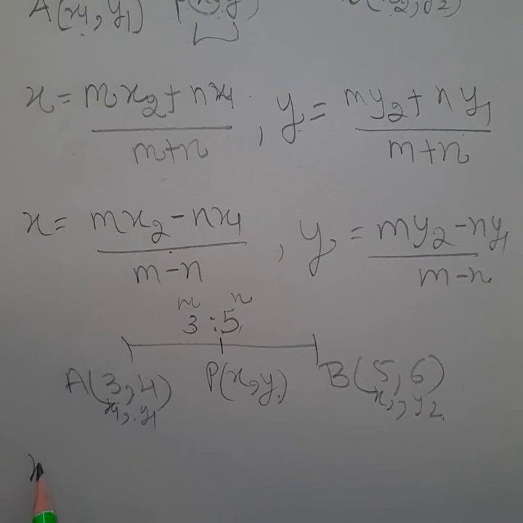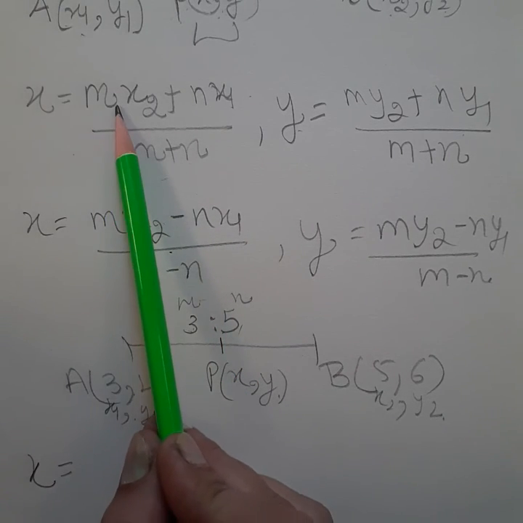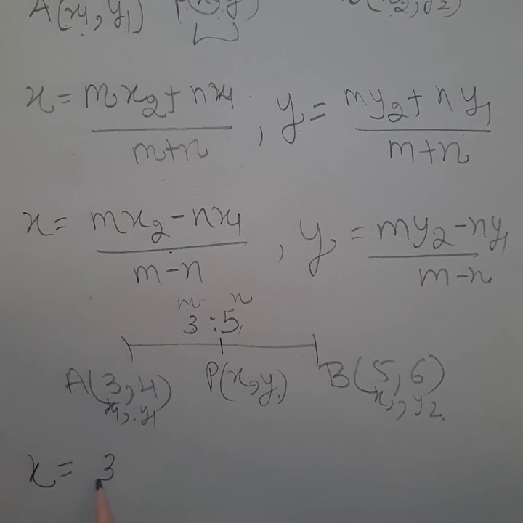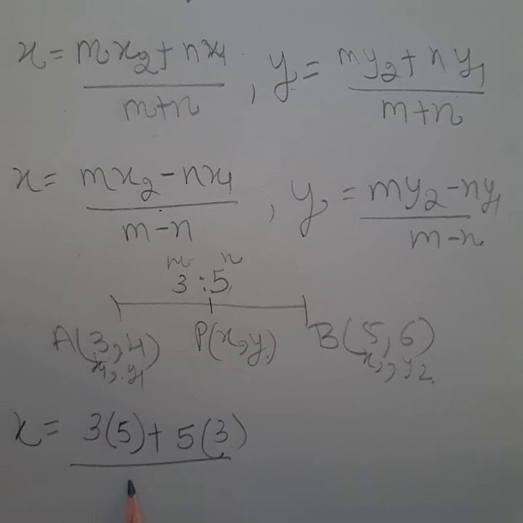Okay, now we have to write the x, and the value of m is 3. So first of all you can write here the value of m is 3, and the value of x2 is 5. Okay, and the value of n is 5, and the value of x1 is 3, and we can write here 3 plus 5.